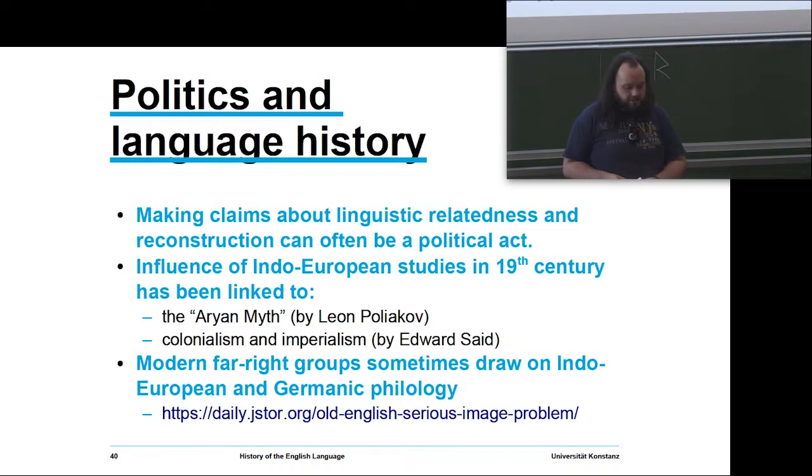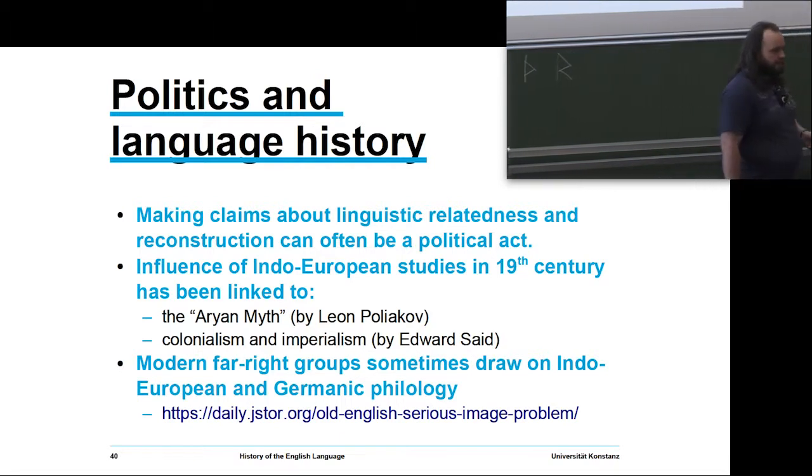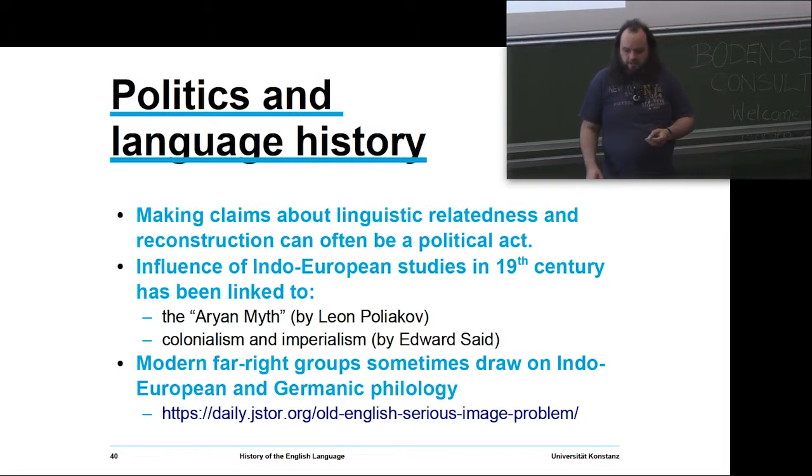One last thing to mention before we stop, and that's kind of the elephant in the room. Making claims about linguistic relatedness and reconstruction is not an ideologically neutral thing to do, or at least it often isn't the way people do it.